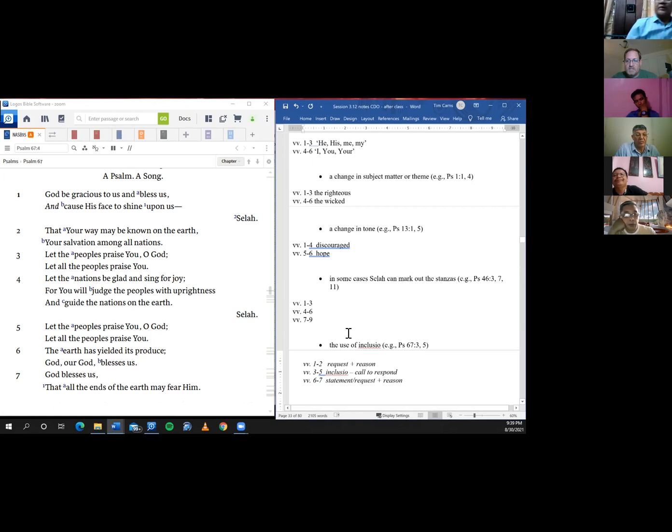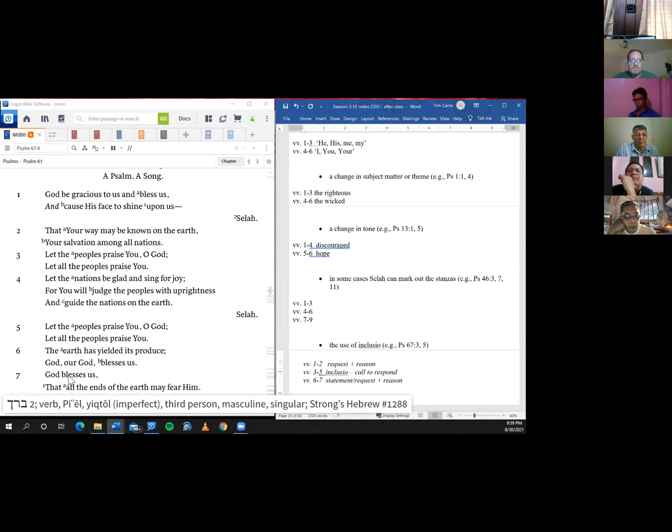Now, this leads us to another example of a way to see structure: the grammar. Again, notice verses 1 and 2 is a request and then a reason. Verse 3 to 5 is an imperative, a command. Let praise, let be glad, let praise. You see that?